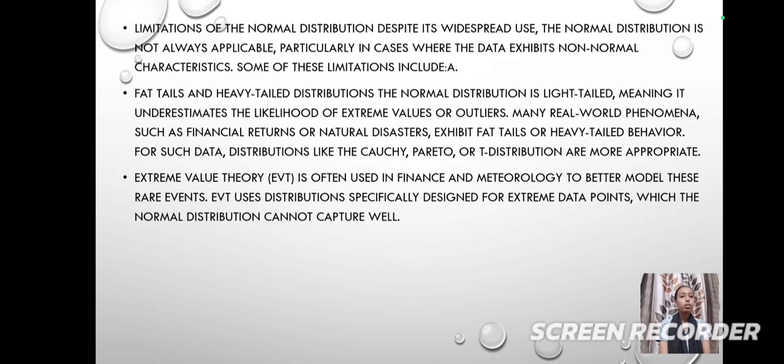Many real-world phenomena such as financial returns or natural disasters exhibit fat-tailed or heavy-tailed behavior. For such data, distributions like the Cauchy or t distribution are more appropriate. Extreme value theory is often used in finance and meteorology to better model these rare events. EVT uses distributions especially designed for extreme data points which the normal distribution cannot capture well.